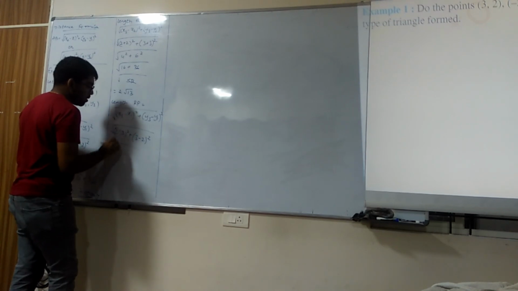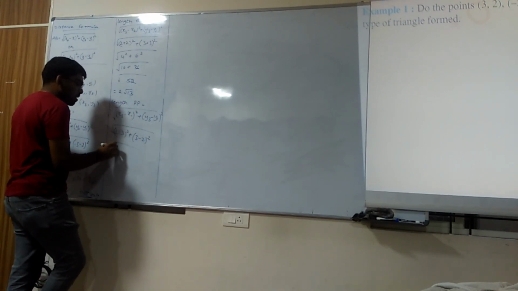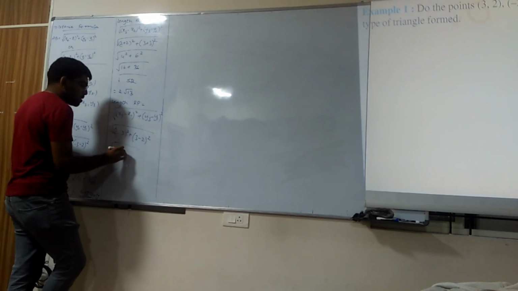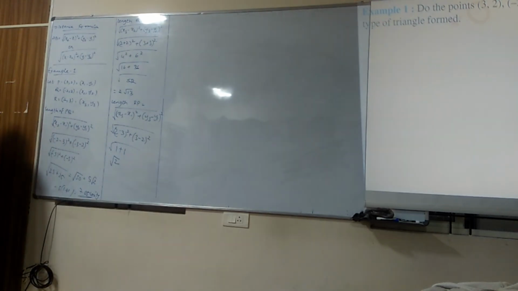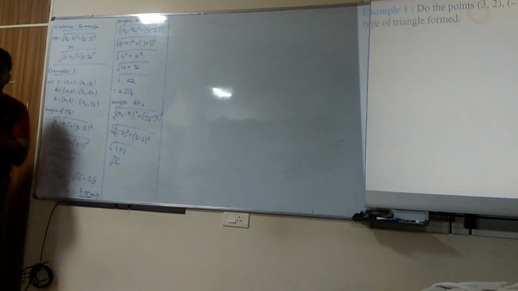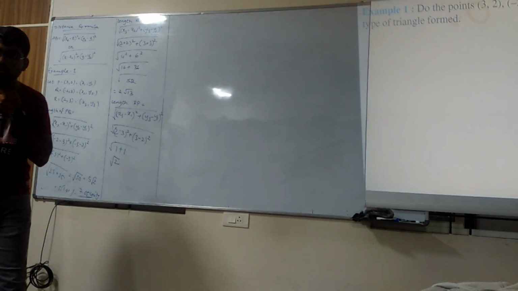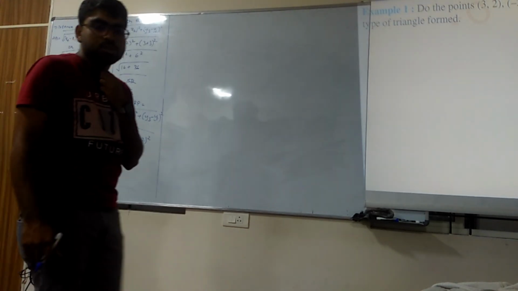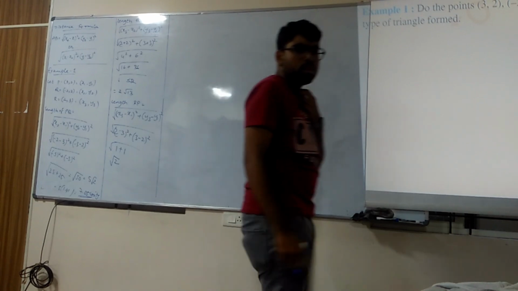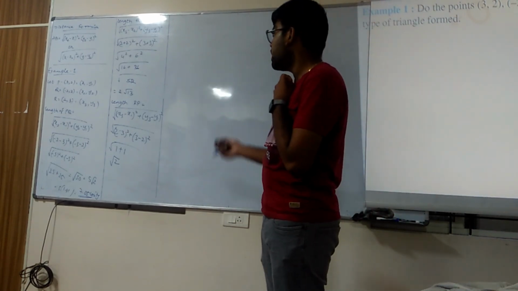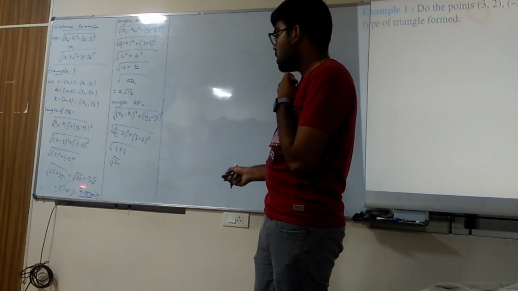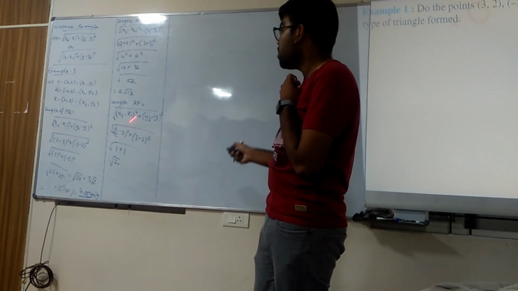Minus 1 square is 1, plus 1 square is also 1. Root 2. So, of course it has 3 sides. Here, the sum of any 2 sides is greater than the third side. This and this, if you add, it will be more than this.